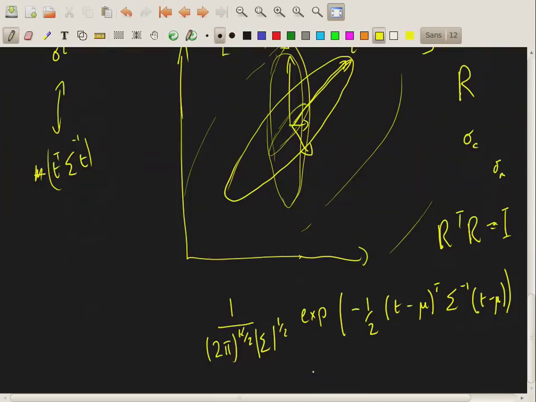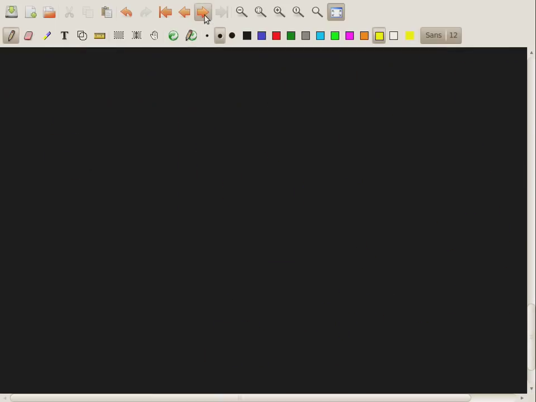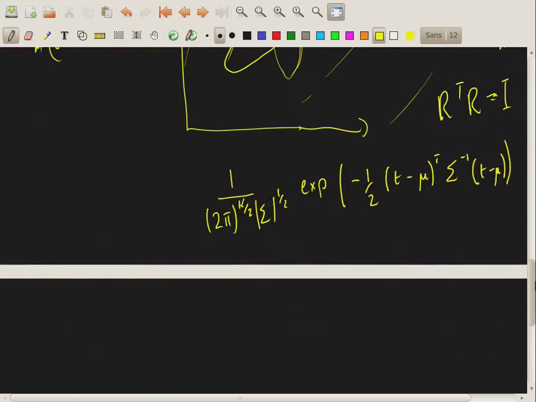Now, let me write underneath. I'm just, for comparison's sake, writing down what this would be in the univariate case.